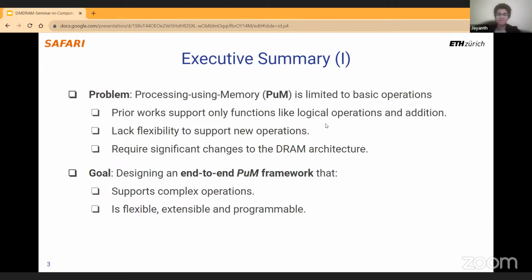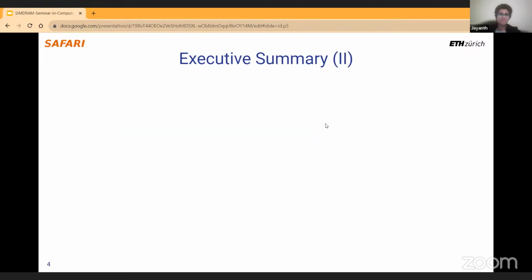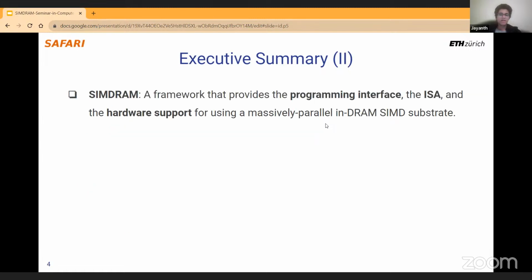Okay, as I was saying, it is flexible, extensible, and programmable, and we'll see the details in a couple of slides. SIMDRAM is also enabled with very minimal changes to the DRAM architecture, so it doesn't pose a lot of overheads. To put it in a nutshell, SIMDRAM provides the programming interface, the instruction set architecture (the ISA), and the hardware support for using a massively parallel DRAM SIMD substrate.